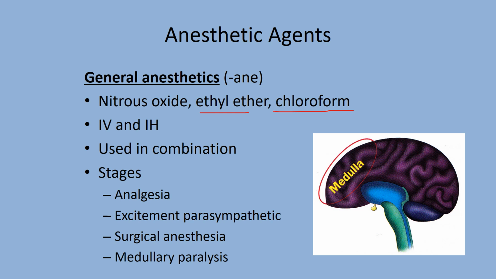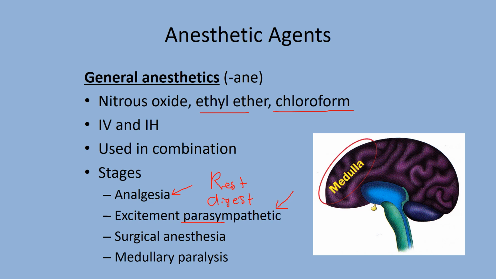So stages of anesthetic. So here, general anesthesia. First, we want to give you enough that you can't feel pain, so analgesic effect. And then what we're going to do is we're going to step on the brake pedal. So remember, the parasympathetic nervous system rests and digests. So if we stimulate rest and digest, it's like stepping on the brake pedal, slowing the person down further.